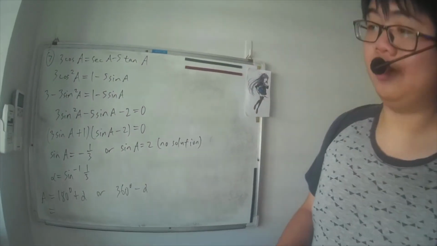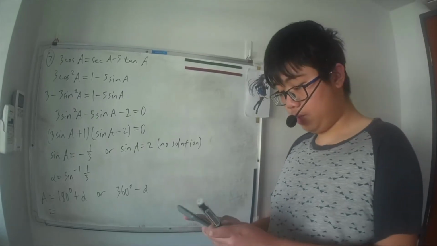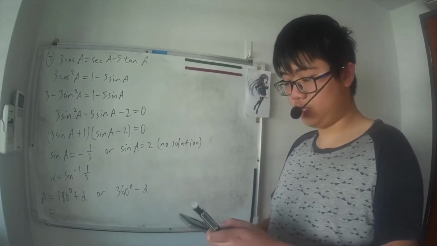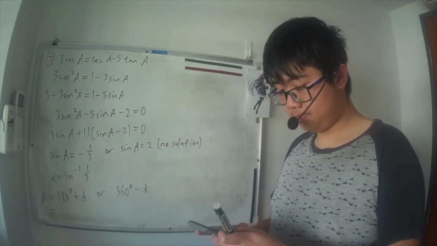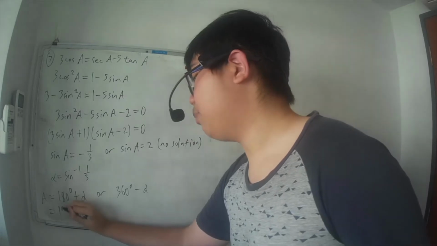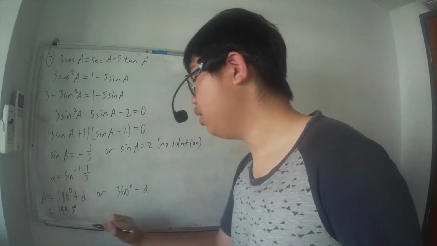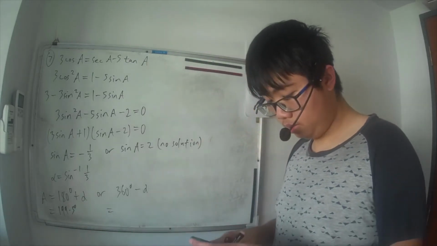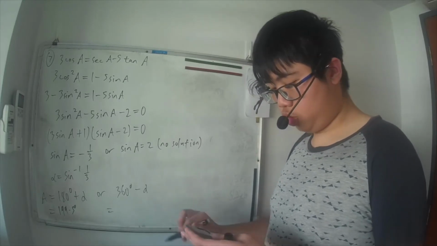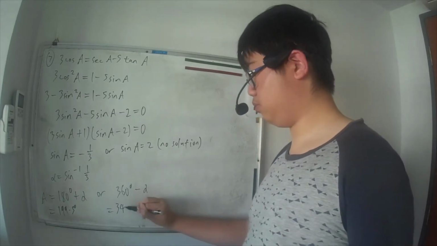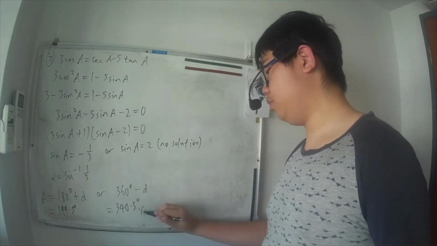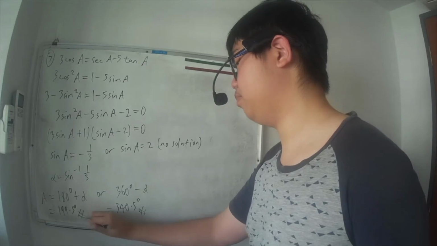Let me just get my calculator because I don't remember sine inverse of 1/3 in my head. Okay, this is 199.5 degrees. Over here, this should be 340.5 degrees. Yeah, and these are all in 1 dp because it's degrees.